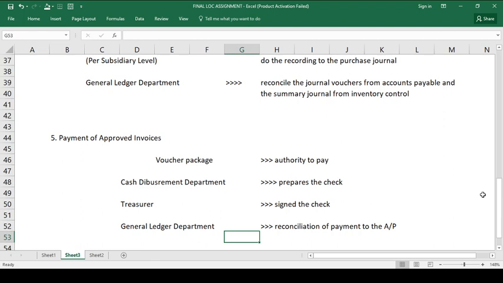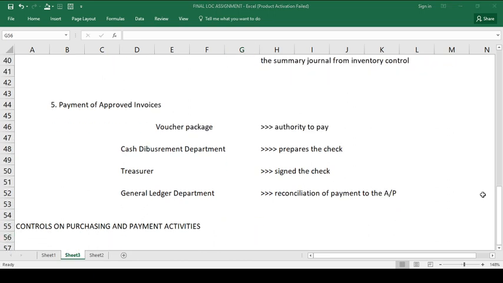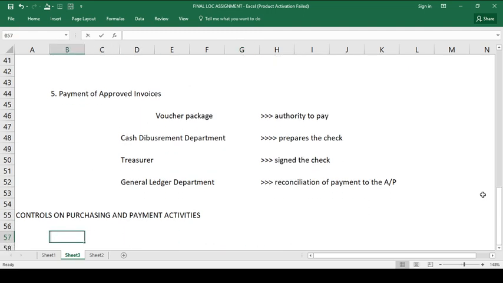Okay? So, those are the most common activities in the purchasing and payment cycle. Okay. Our next topic will be about the controls on purchasing and payment activities. On the purchasing and cash disbursement controls, it is very important, guys, that every transaction is authorized.